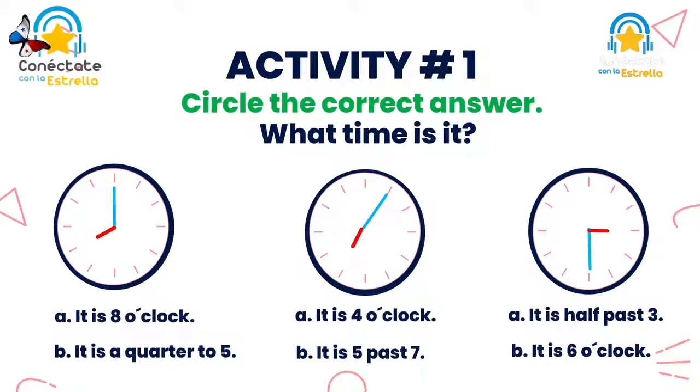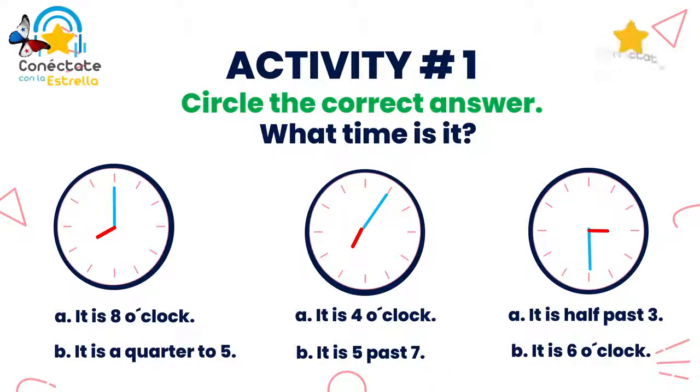Okay. The small one is at number 8 and the large at number 12. Okay, so it's 8 o'clock. Letter A. A is 8 o'clock. Correct, Teacher Tatiana. Correct. Did you get it, students? Yeah? Okay, let's go to another example, another practice.